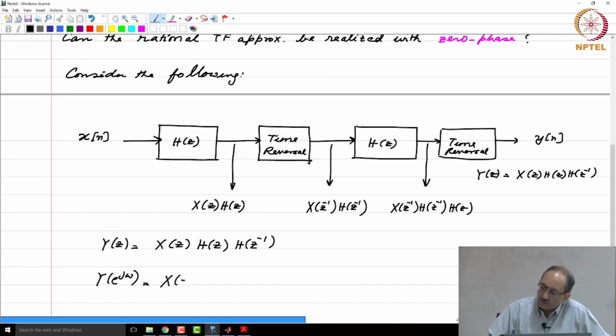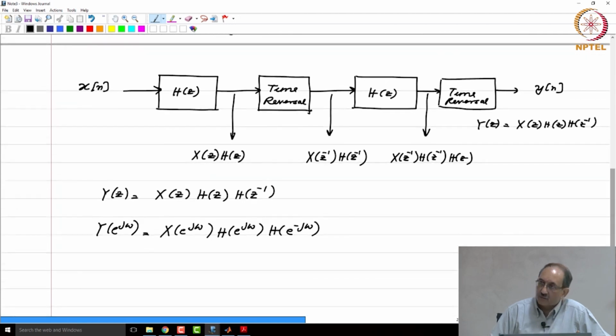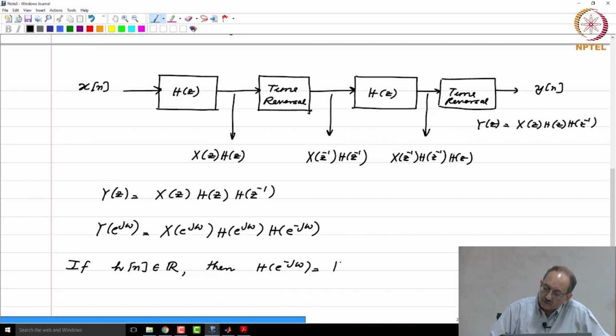So, this is what we get, and now let us look at the output's frequency response. So, this is nothing but x of e to the j omega, h of e to the j omega times h of e to the minus j omega. Now, if h of n were real valued, then h of e to the minus j omega is the same as h star of e to the j omega.